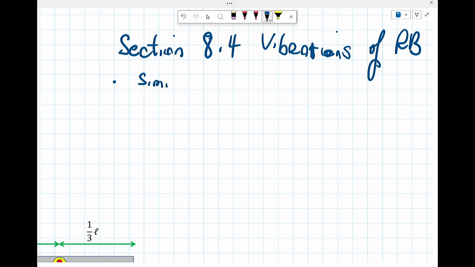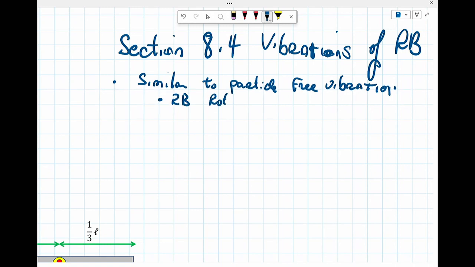everything is similar to the lecture we had last Thursday. And of course, the big difference is that rigid bodies rotate and translate.